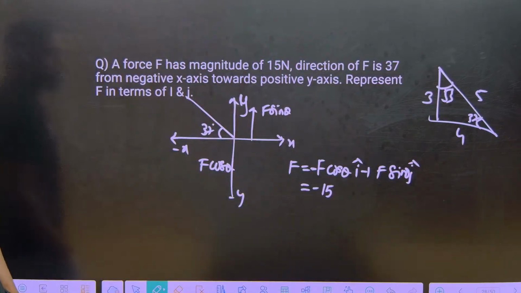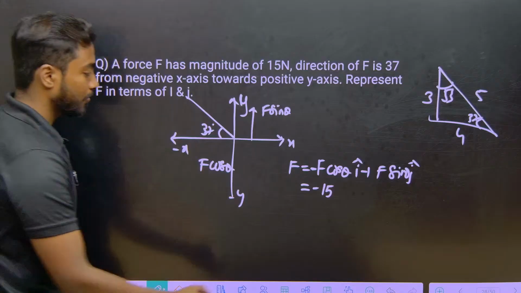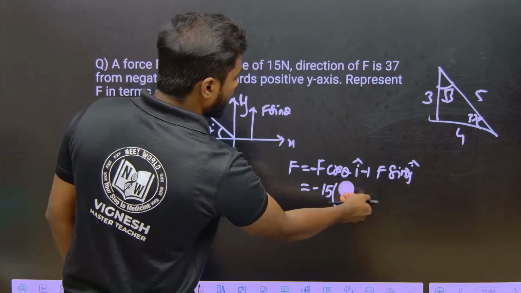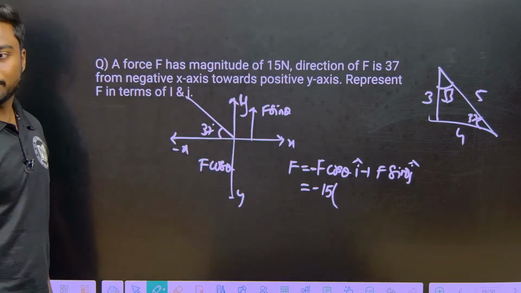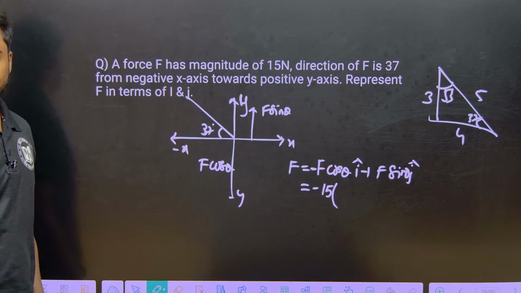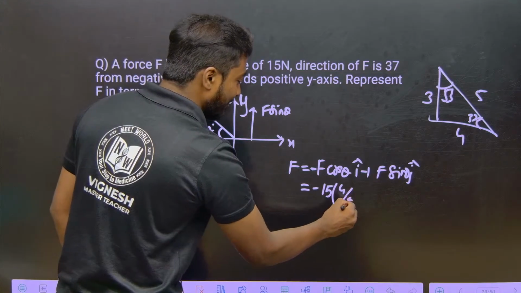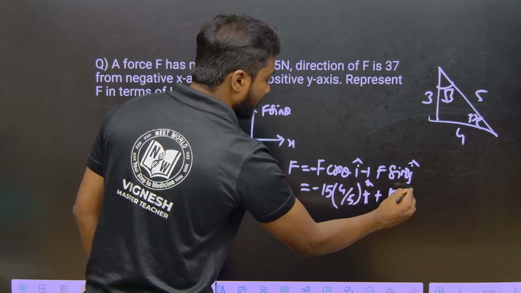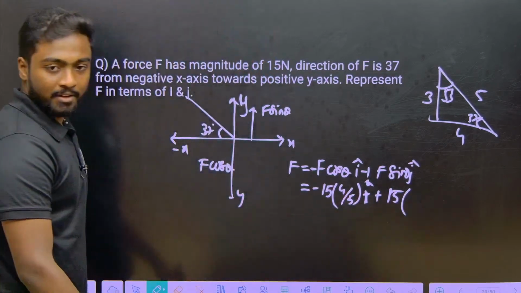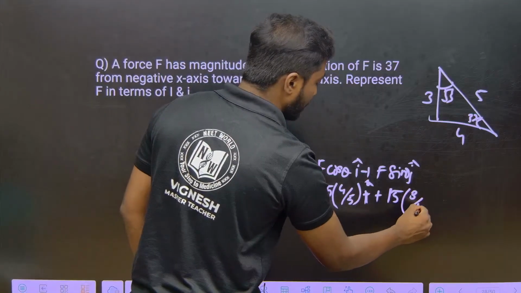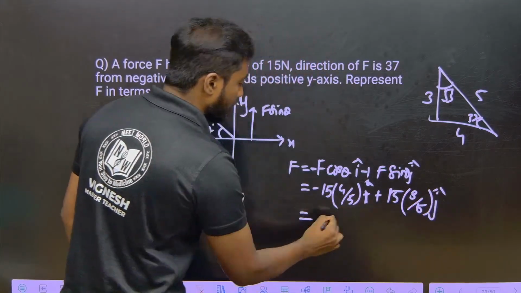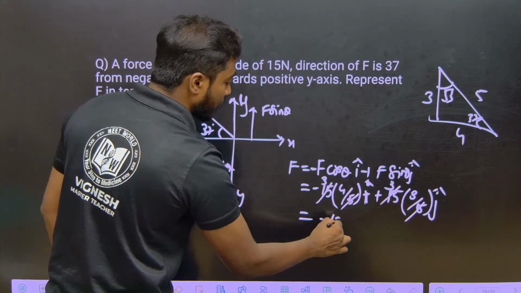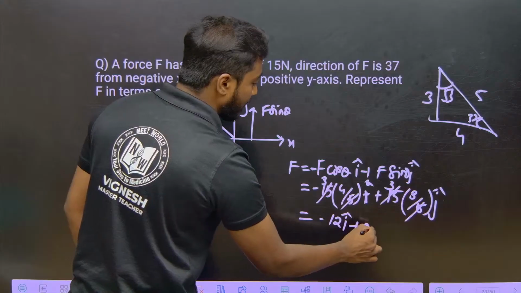Cos 37 is 3 by 5, adjacent by hypotenuse, no? 4 by 5, and this is 3 by 5. So 3 fives are 15 and 3 fours are 12, i cap plus 9 j cap.